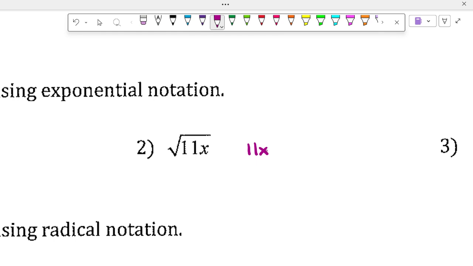So it'd be 11x. We know it's going to be raised to the 1/2, but I've got to put it in parentheses. Why do I need to put it in parentheses? Because it's all under the radical. So in other words, you would have to apply the power rule to it.